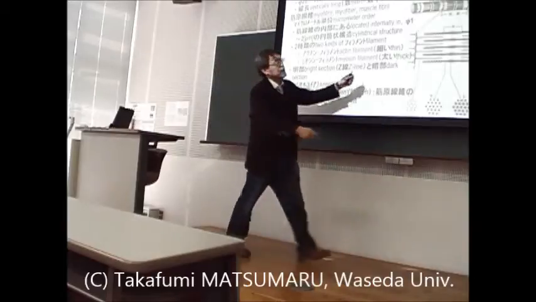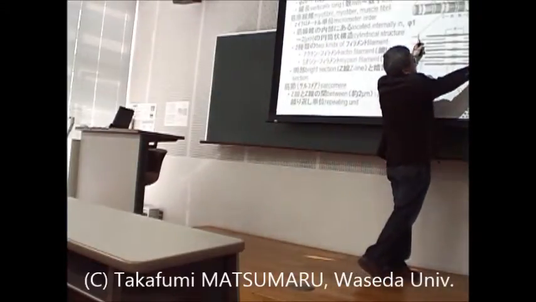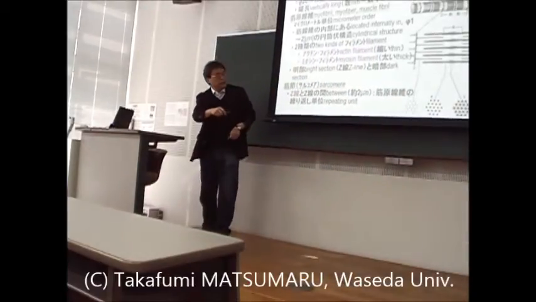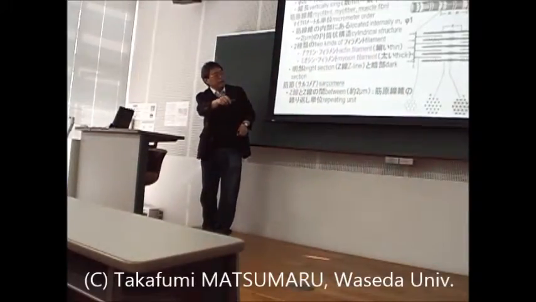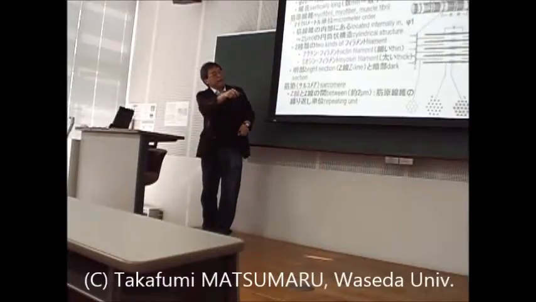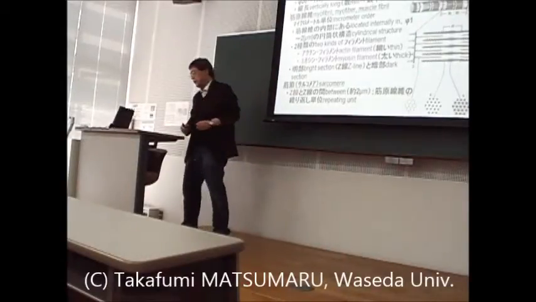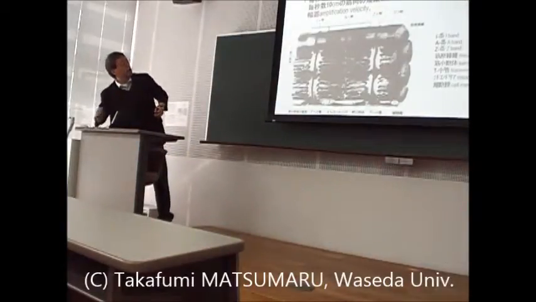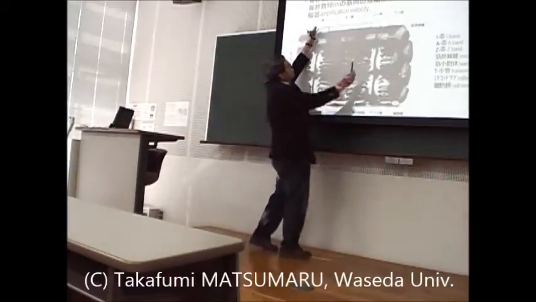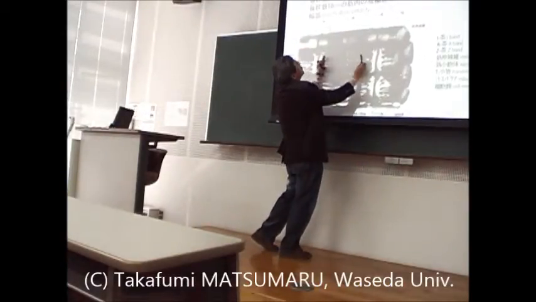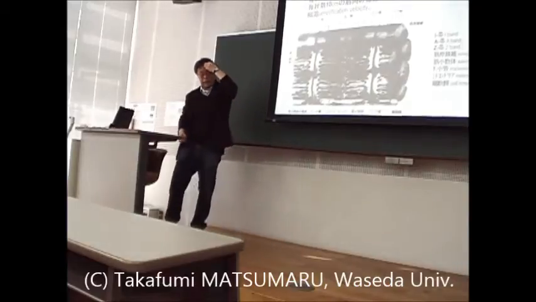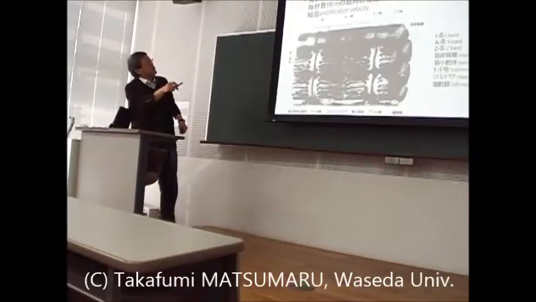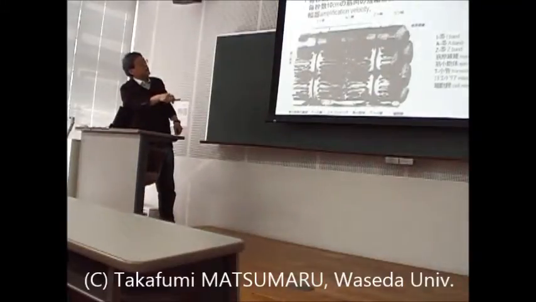Between the Z lines the sarcomere becomes shorter. Normally it is 2 micrometers for one sarcomere. It can be contracted, become shorter.